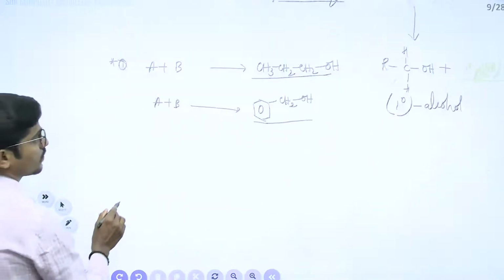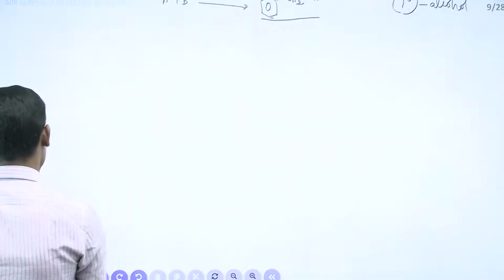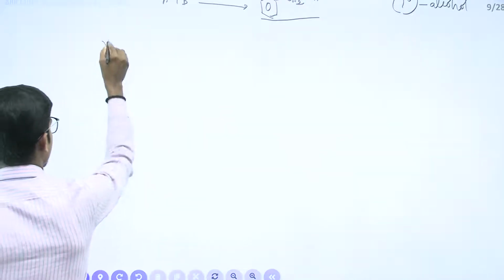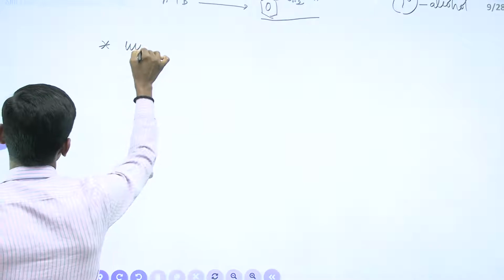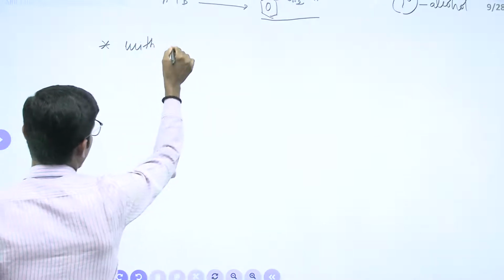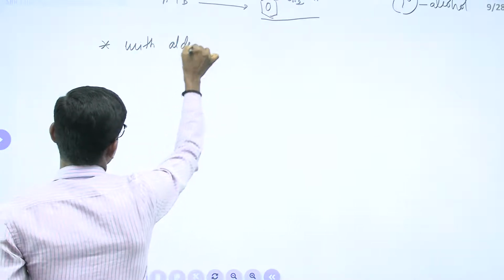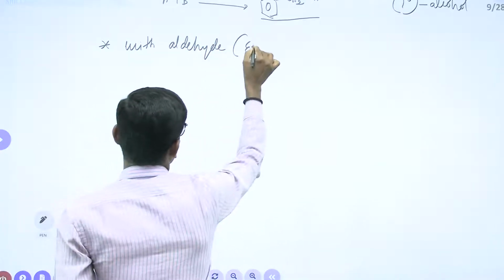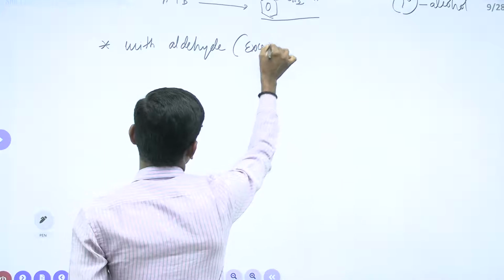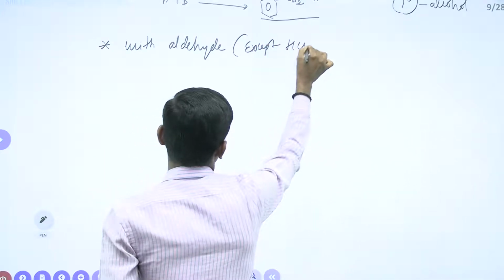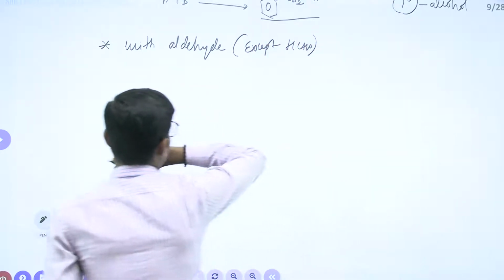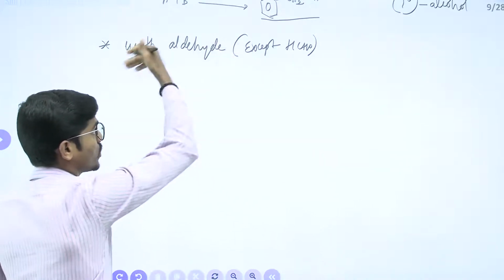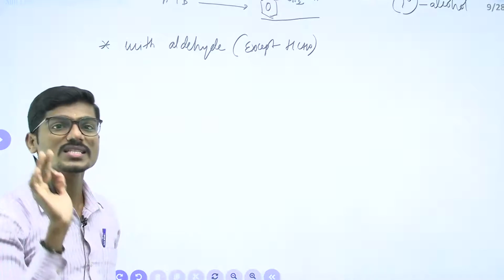The second one: reaction with aldehydes other than formaldehyde. Other than formaldehyde, you can use any aldehyde, and you will get the secondary alcohol.